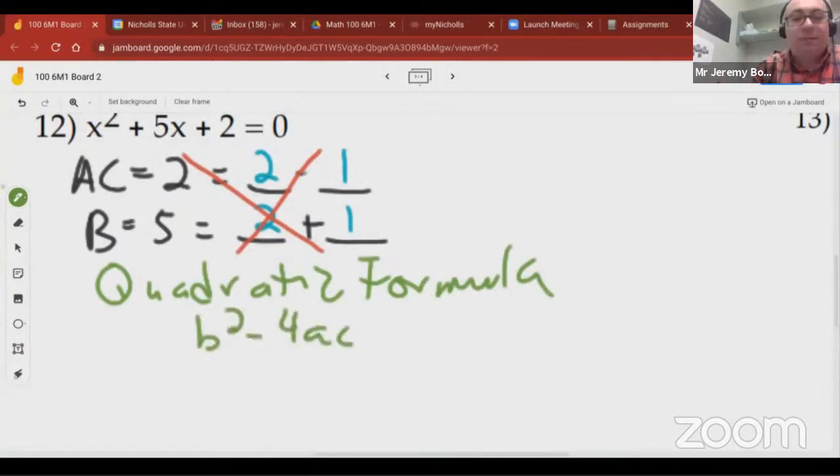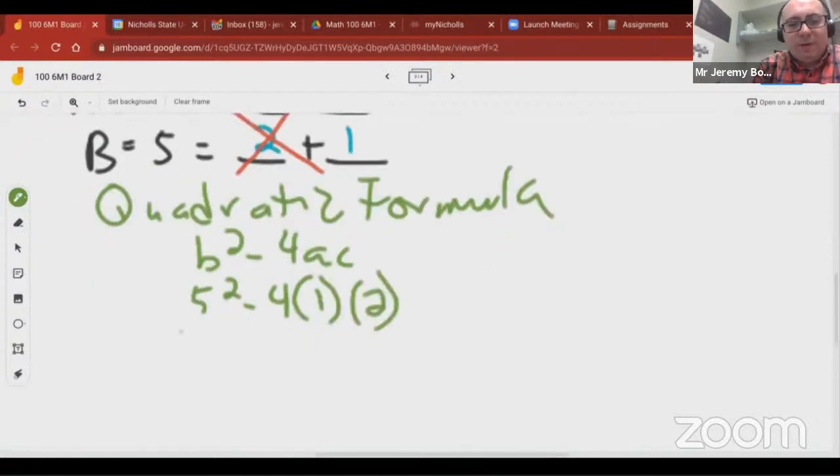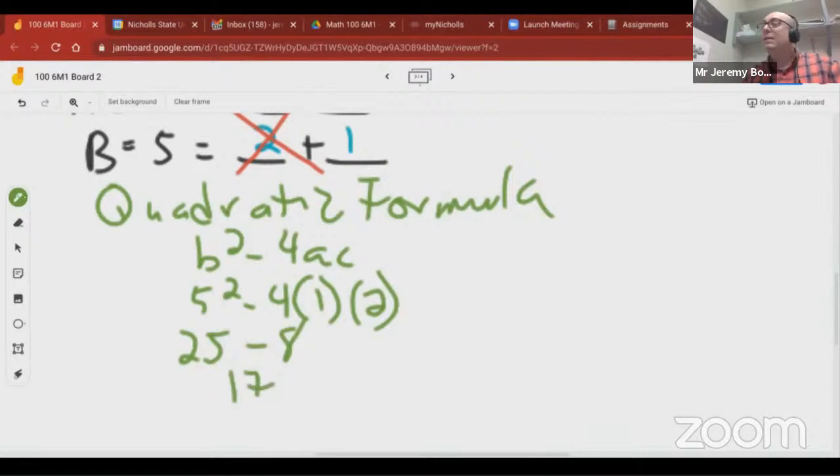So for us, it's going to be 5 squared minus 4 times 1 times 2, which is going to be 25 minus 8, which is 17. That 17 tells us that we're going to have 2 real solutions. Okay?